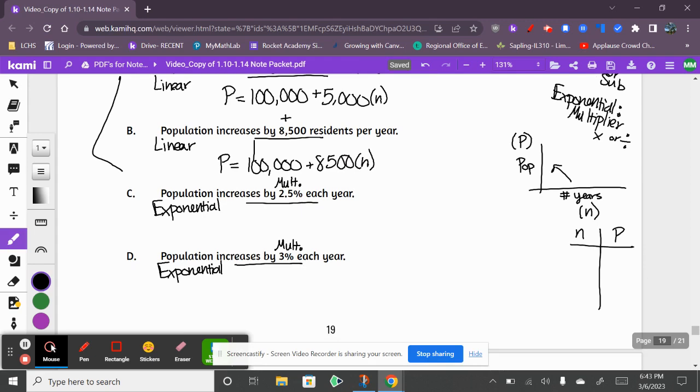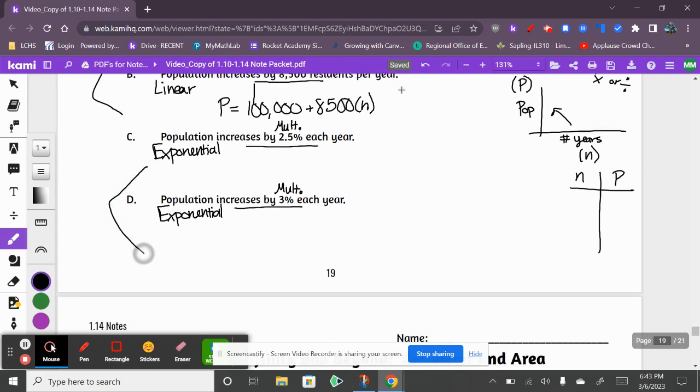For these ones, you're going to be using the exponential function. Your exponential function is the dependent equals the start value times your multiplier, and then the exponent is your independent variable. So all of these will start with P equals, and it'll also start with 100,000 as your starting value.